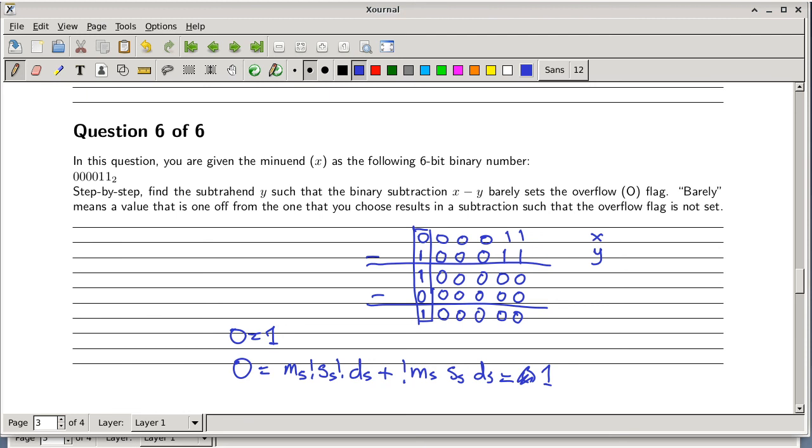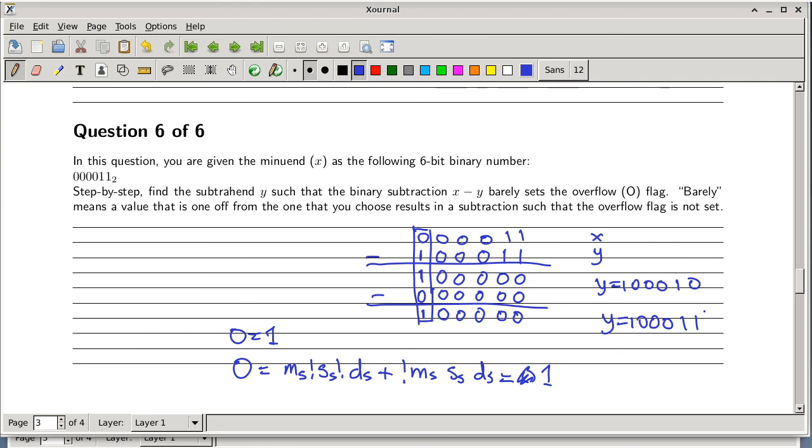So you look at the two ways to bump this value. What happens when y is 1 less than what it is now, 1, 0, 0, 0, 1, 0? And what if y is 1 more than what it is now, which is 1, 0, 0, 0, 1, 1?